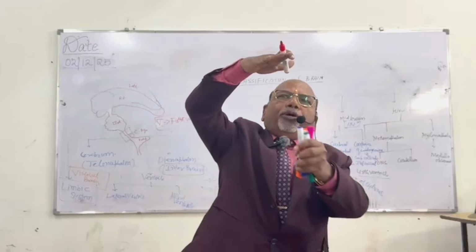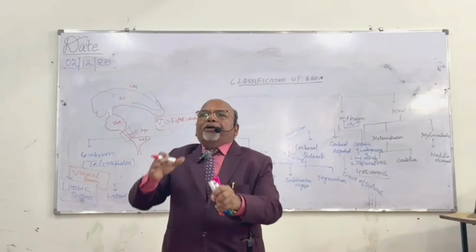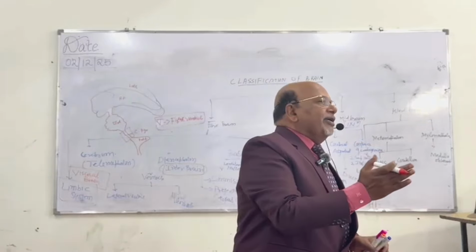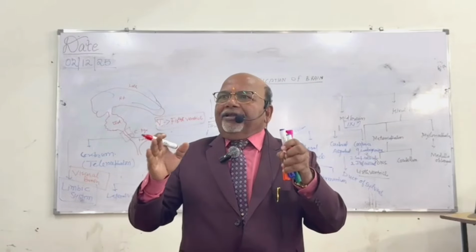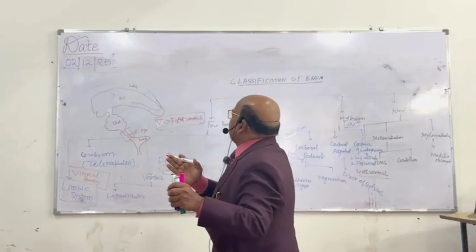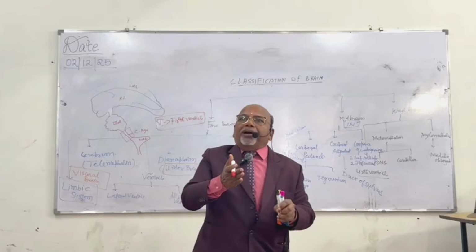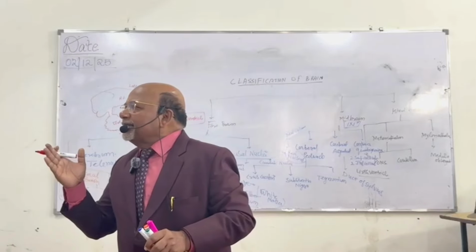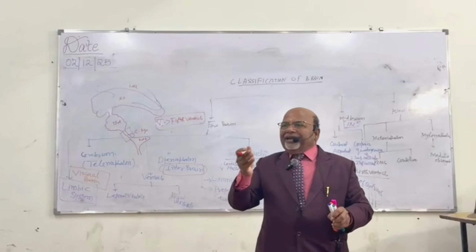Just as the corpus callosum is above, the septum pellucidum is below it, and the septum pellucidum is the partition between the right lateral ventricle and the left lateral ventricle. Try to understand. The right and left lateral ventricles are there, and these both have a partition. This partition is formed by the septum pellucidum, which is also made of white matter and connective tissues.